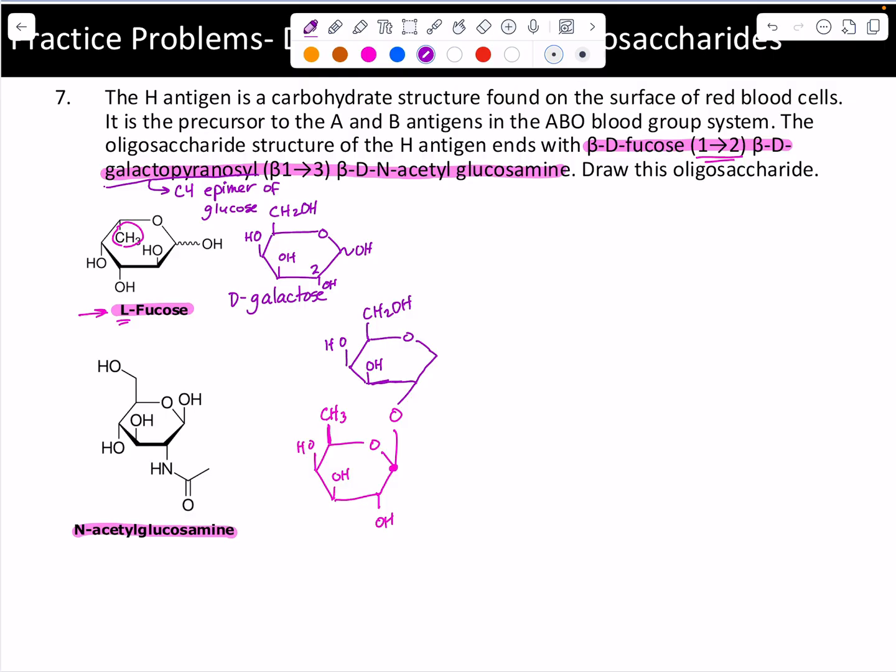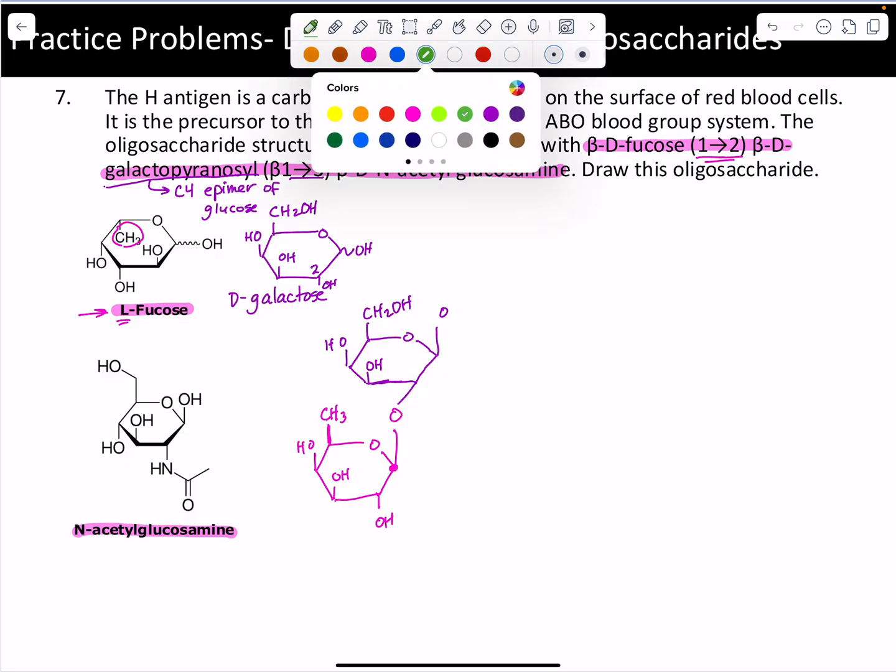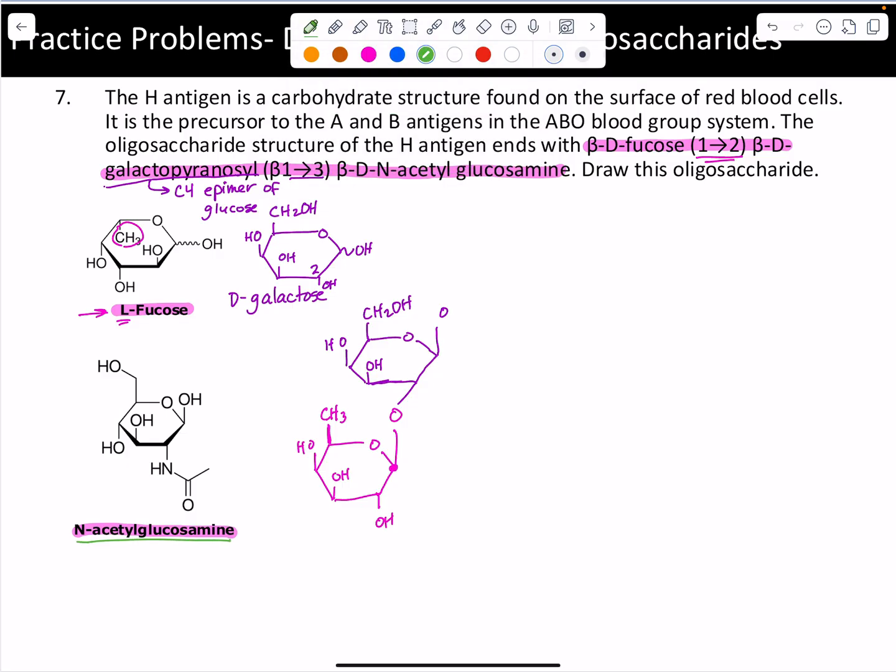And now I have a beta 1 to 3 linkage, so that's going to be up, just like the previous one. And then my N-acetylglucosamine, let's make that green, okay? All right, so my N-acetylglucosamine, I'm going to be linking to carbon 3. So we have 1, 2, 3. So that's going to be up. So this is going to be a little funky to draw, but that's okay. So I'm going to draw my hexagon here.